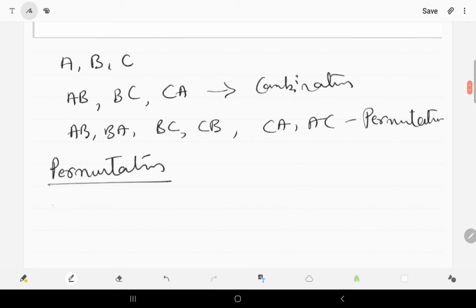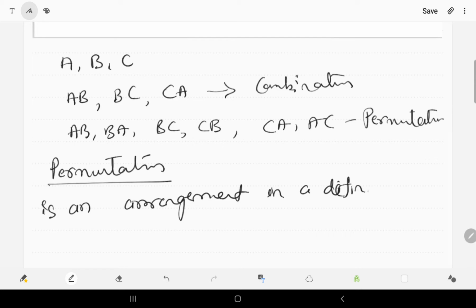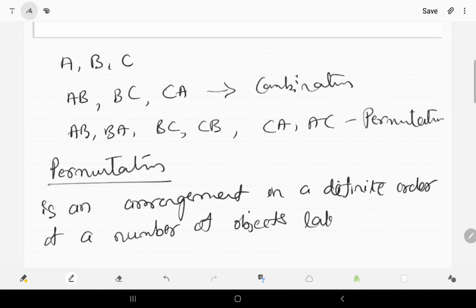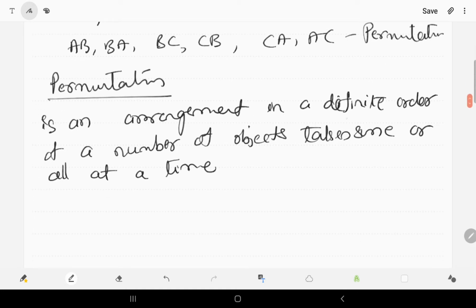Permutation is an arrangement in a definite order of a number of objects taken some or all at a time.